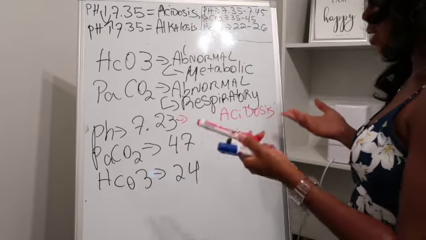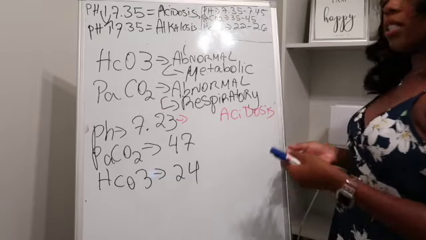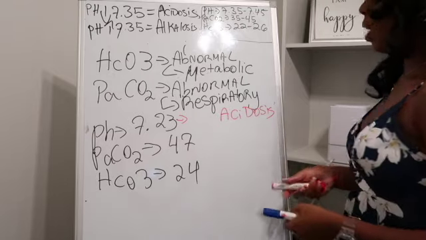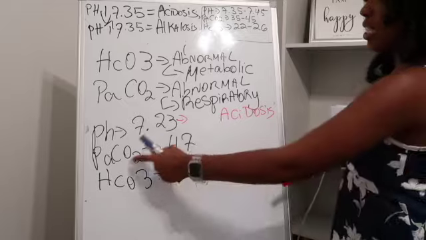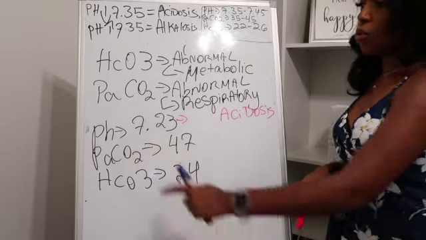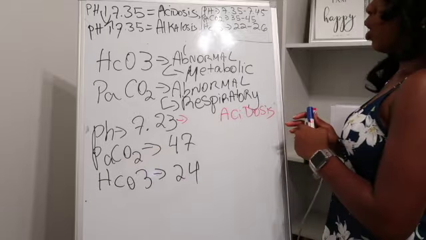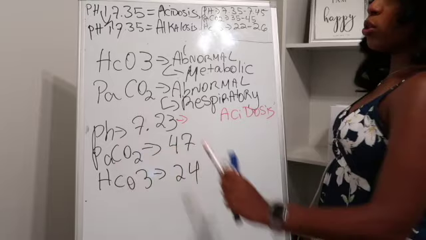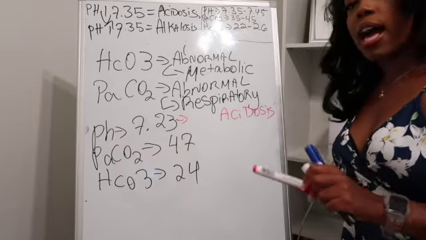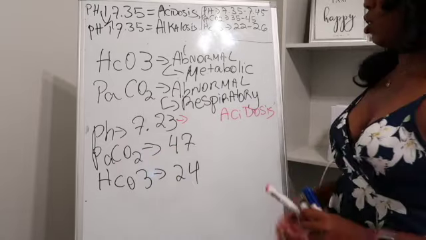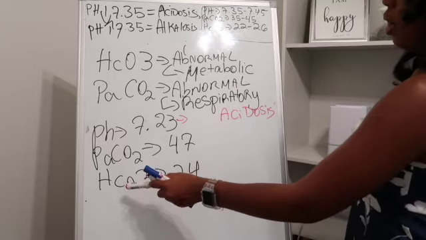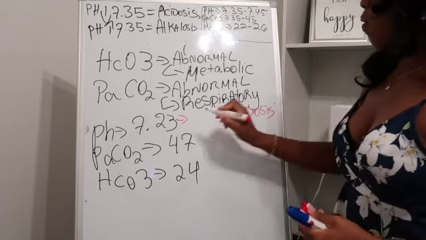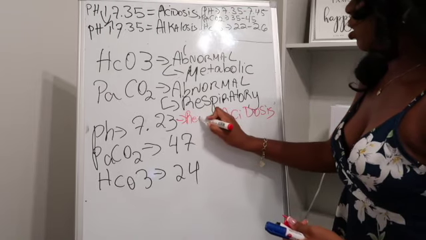Because the patient is retaining carbon dioxide, so it's above 45. So this is a respiratory problem. Because remember, in our matching game, we said that whenever you see PaCO2, you're gonna think about acid and you're gonna think about the lungs. So you have a case of respiratory acidosis.